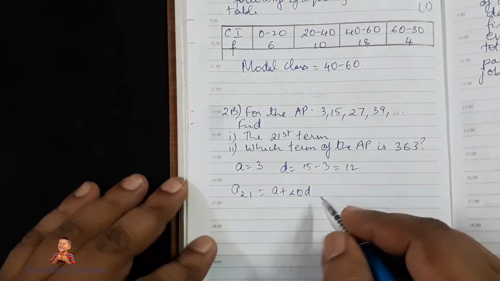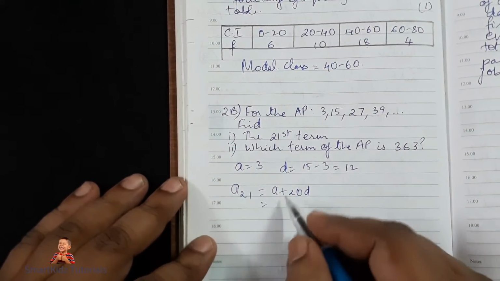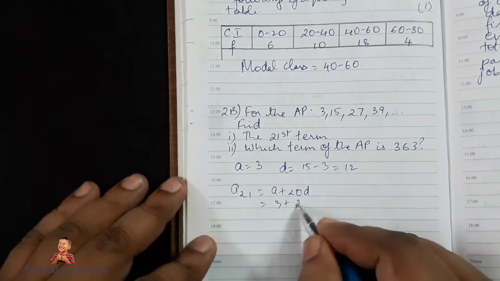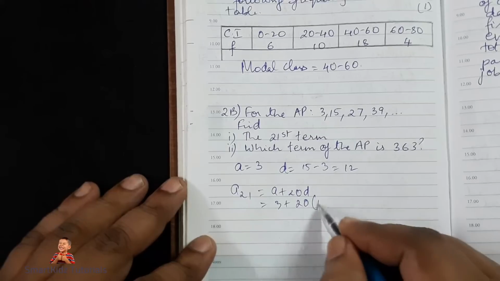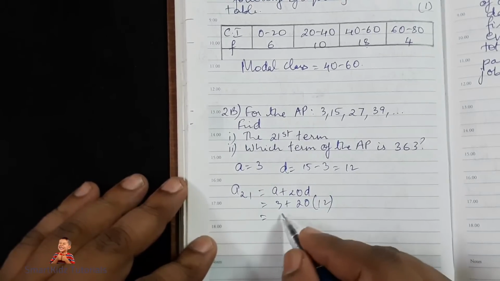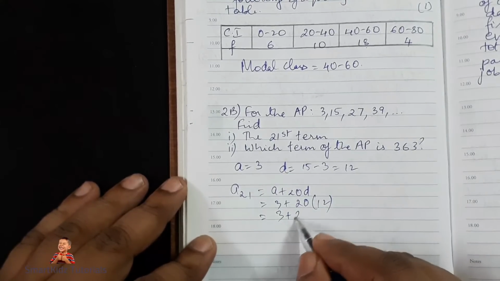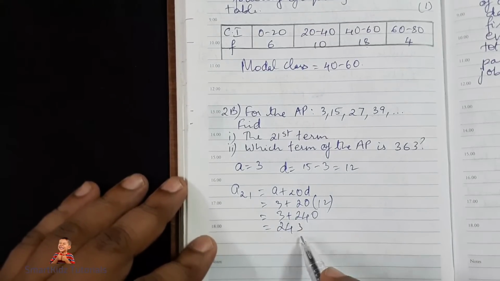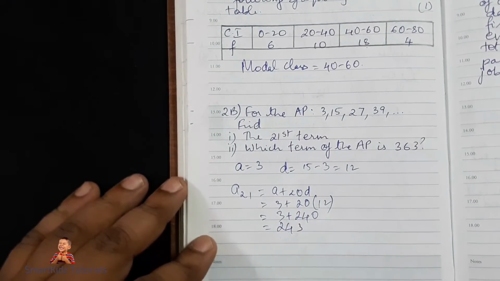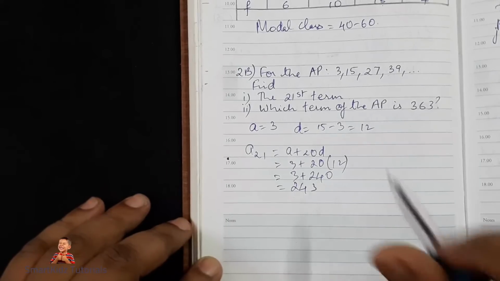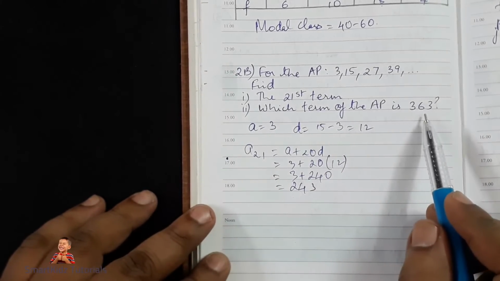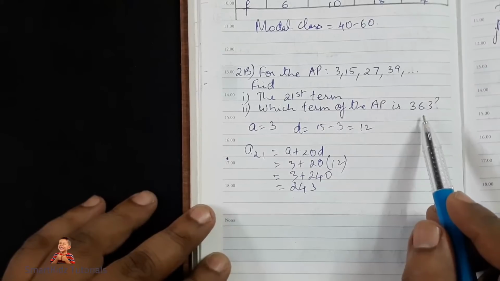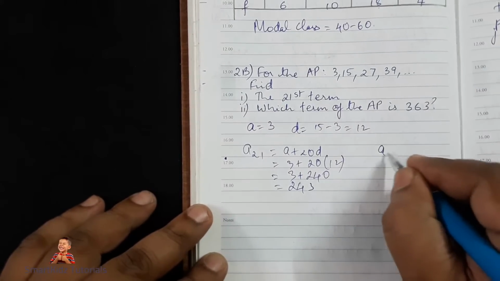So that would be equal to 3 plus 20 into 12. 3 plus 240, which will be 243. So 21st term is 243.